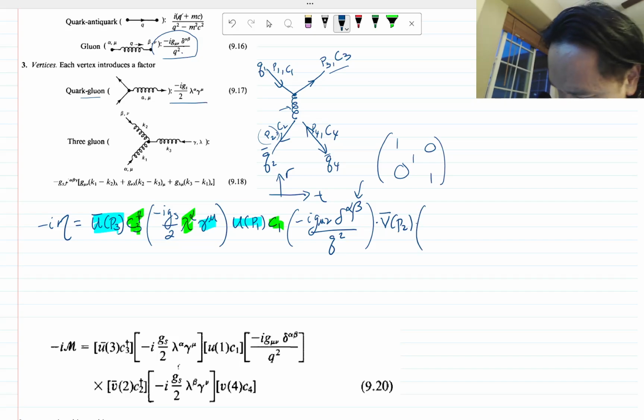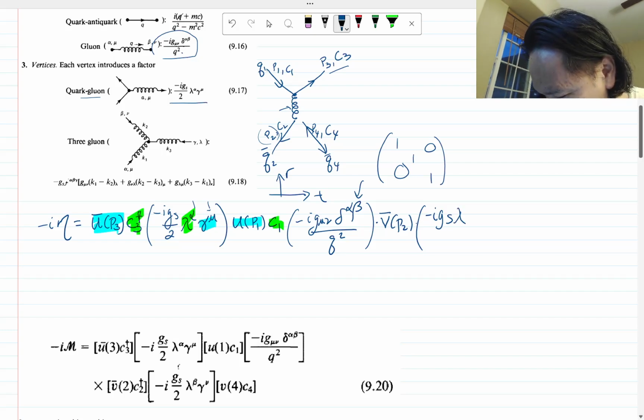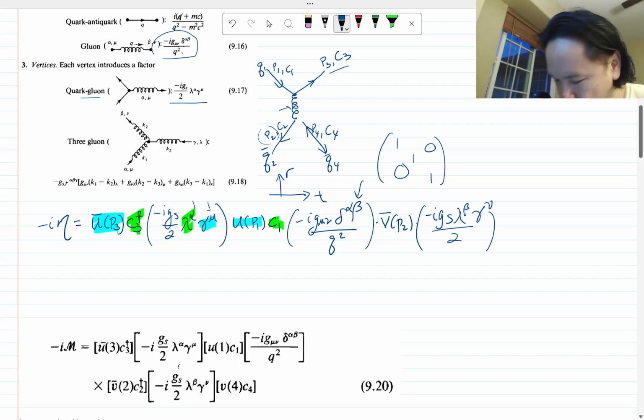We just have this i g_s, and since we already used alpha and mu before, we have to use a different Greek letter, so this is going to be lambda beta and then gamma mu. And then all that divided by 2.